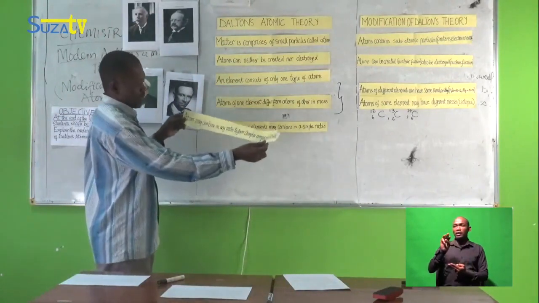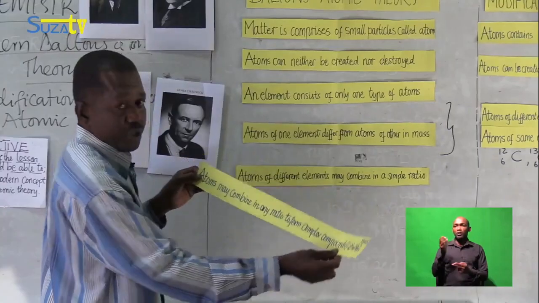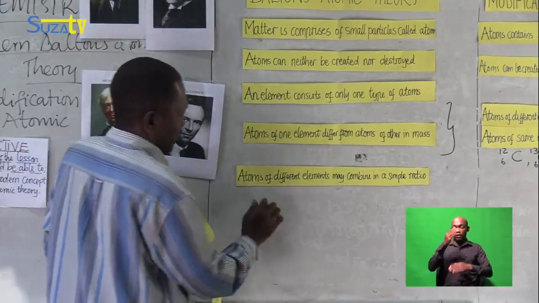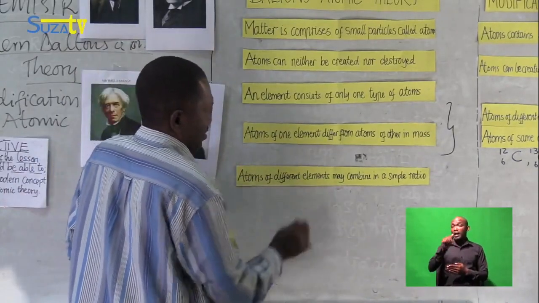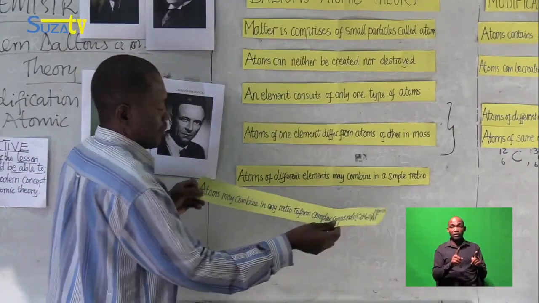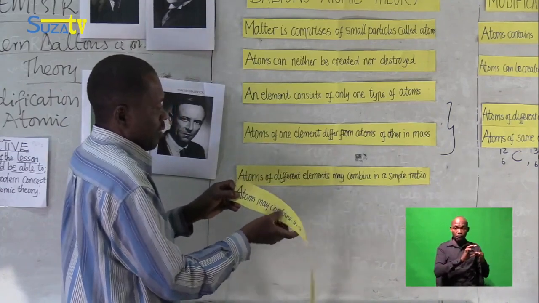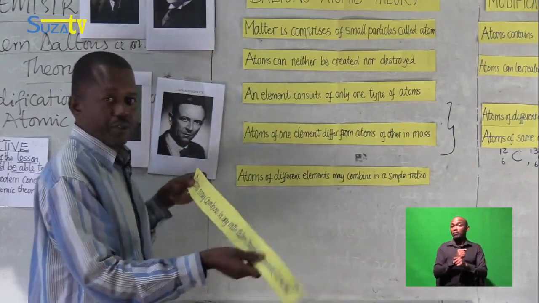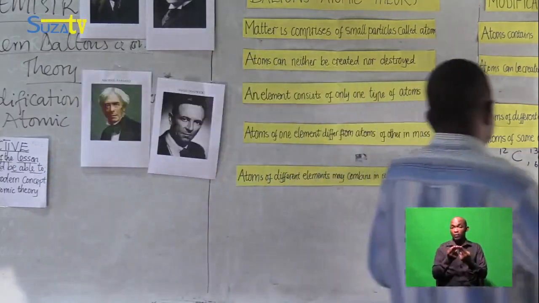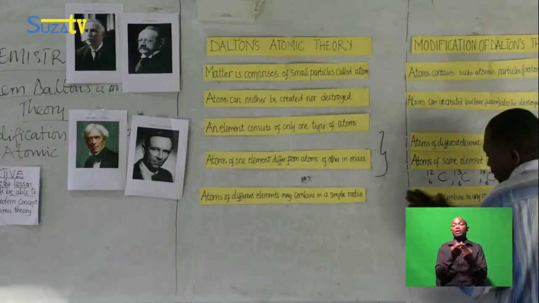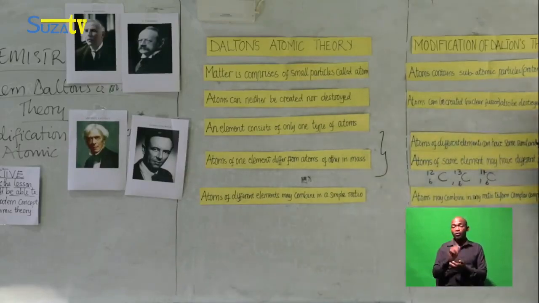Here we are talking about atoms may combine, so we are talking about combination. But this last one says atoms of different elements may combine. So we have something in common, and we make sure this matches the fifth postulate of Dalton atomic theory.